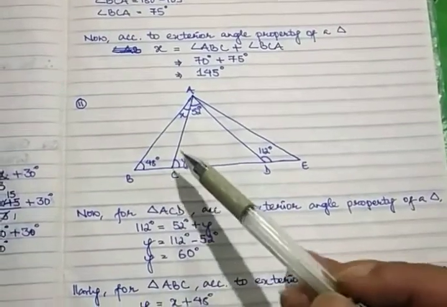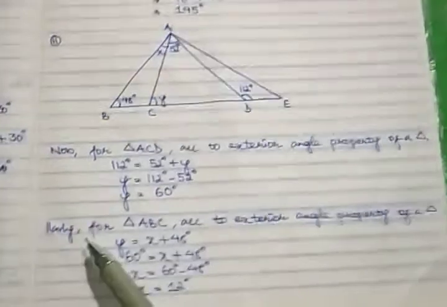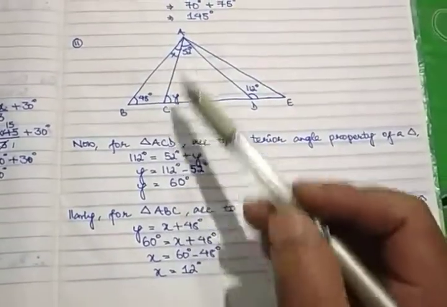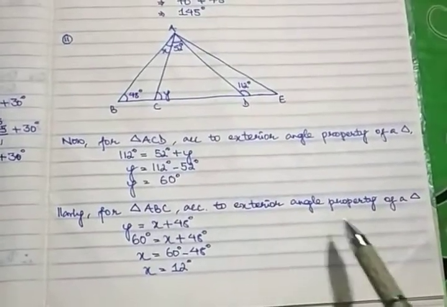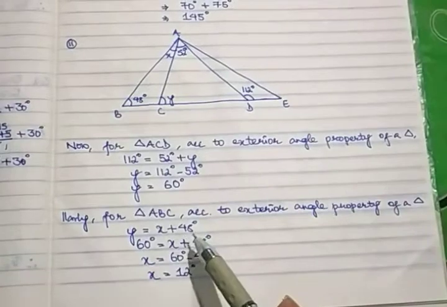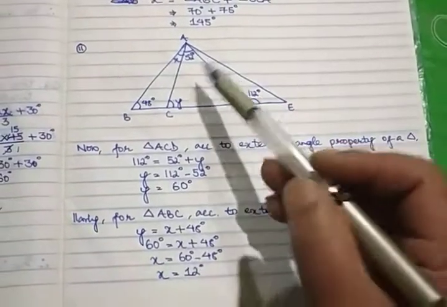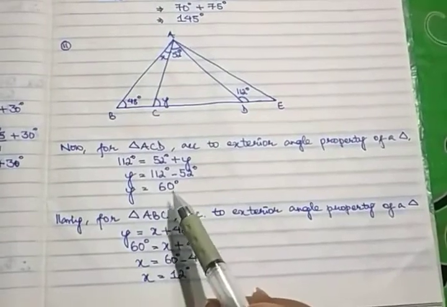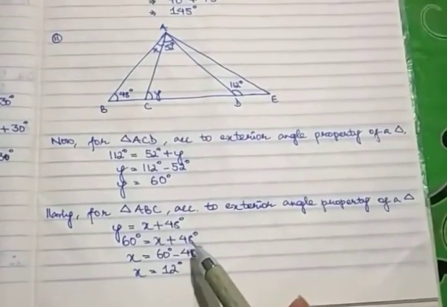So for triangle ABC, according to the exterior angle property of a triangle, y equals x plus 48 degrees. We have already got the value of y as 60 degrees, so 60 degrees equals x plus 48 degrees.